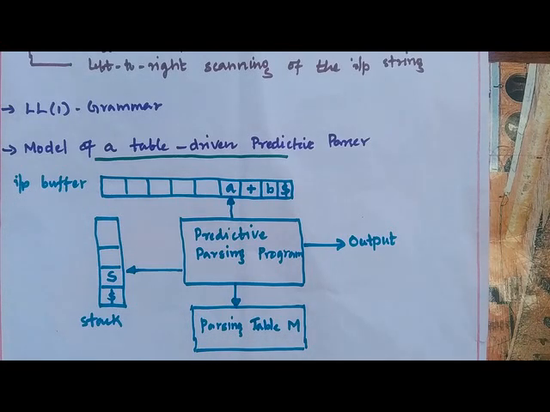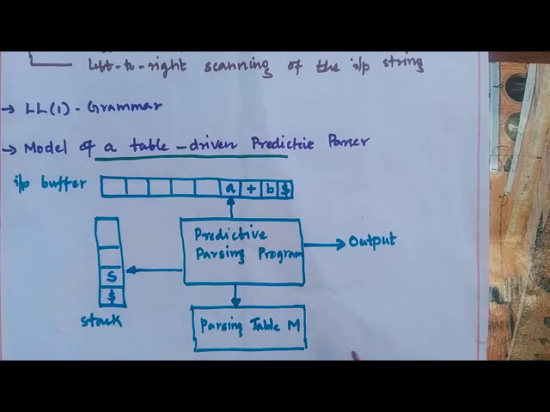It's a two-dimensional table where the rows are identified by the non-terminal symbols of the grammar, and the columns are labeled by symbols from the terminal set.